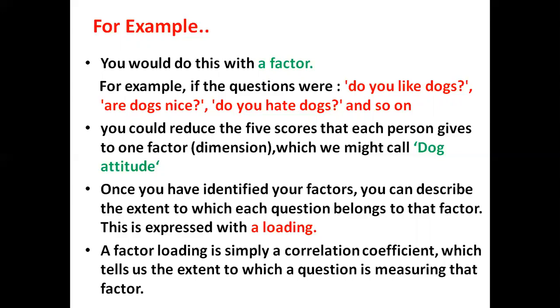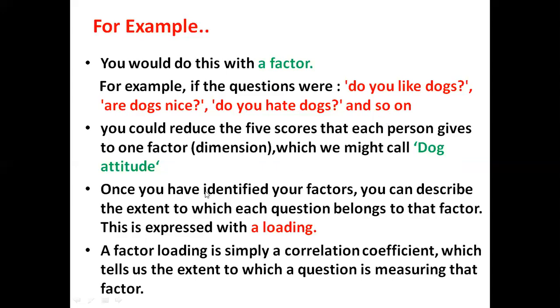You could reduce the 5 scores that each person gives to one factor, which you call a dimension, that is dog attitude, right? In this dog attitude, all these 4 or 5 questions will come. Do you like dogs? Are dogs nice? Do you hate dogs? Dogs are barking, and so on.